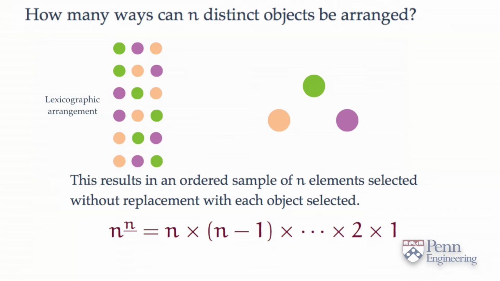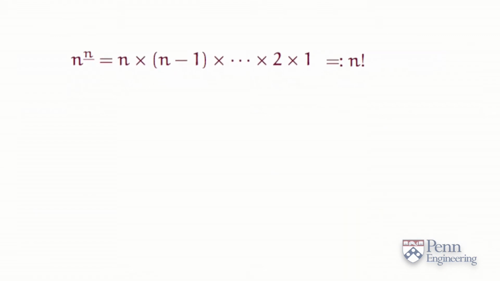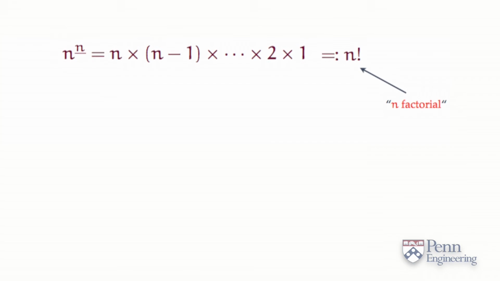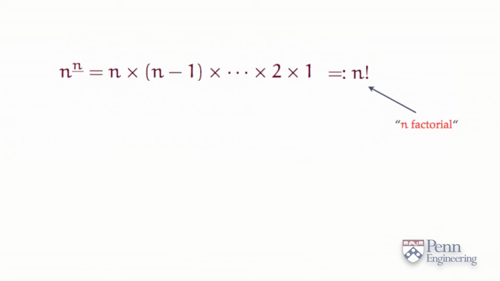And when you work it through, you find you start at n, n minus 1, n minus 2, and by the time you get to the nth or last term, you hit 1. In other words, on the right, you have a product of all the numbers from 1 through n. Of course, we have another name for this. This is what we call the factorial, n factorial. So this is now the origin of the terminology, a falling factorial notation.